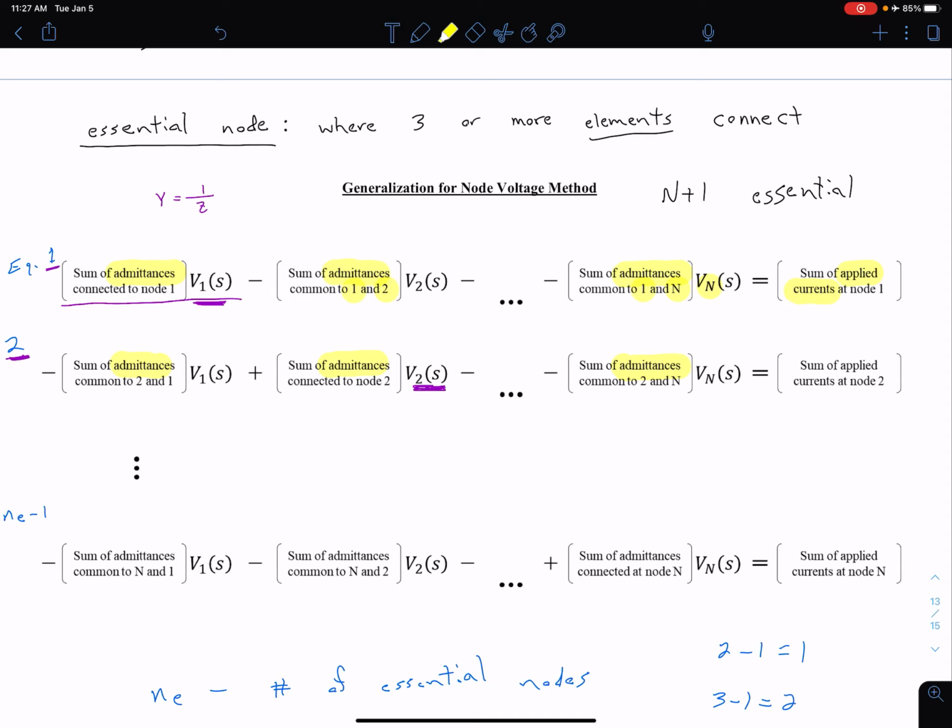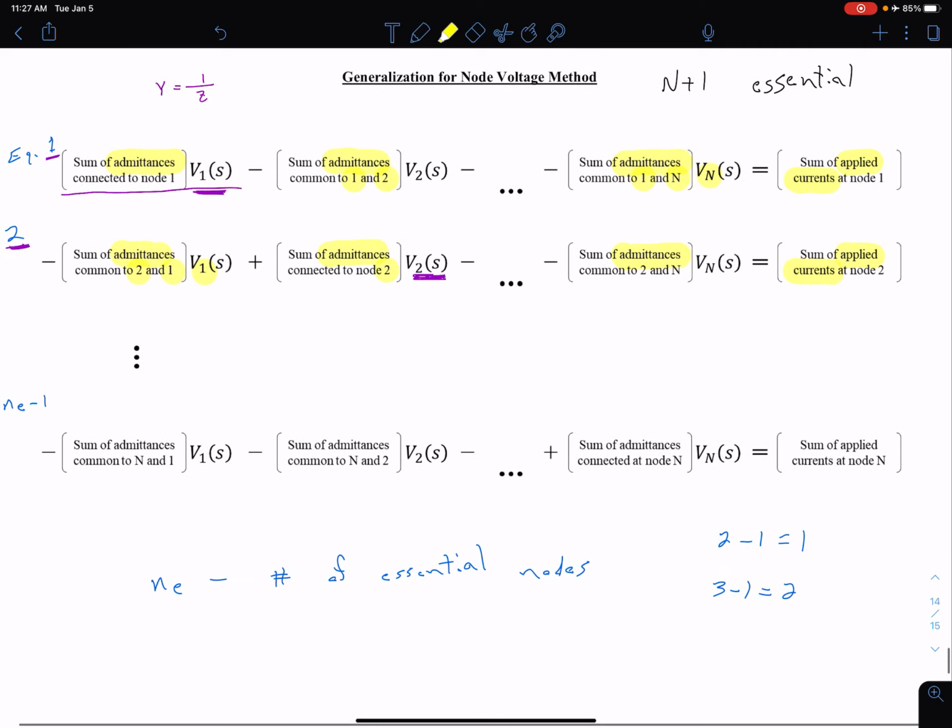For our term 2, we see it's the sum of admittances just connected to node 2. For every other one, it's going to be the sum of admittances between that node and node 2. So for example, for our V1 term, we're looking at admittances connected between 2 and 1. And then again, on the right side, we're looking at applied currents at node 2.